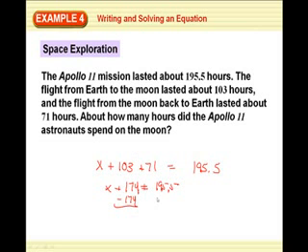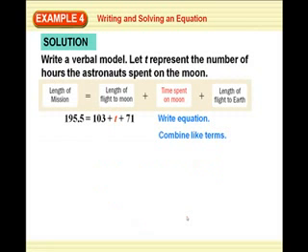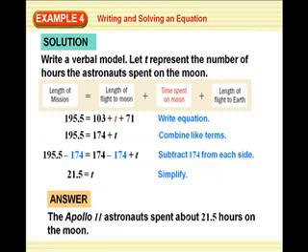Minus 174, minus 174. 21.5 equals x. 21.5 hours on the Moon. Almost a day. Let's see if our equation agrees. Yep, they just have it on the other side. 21.5.